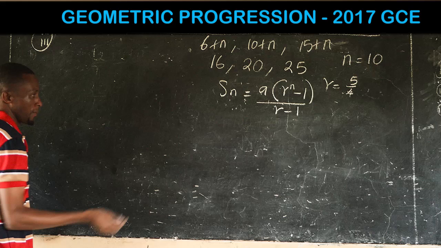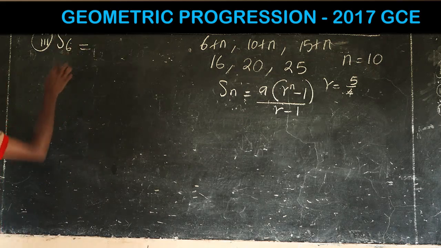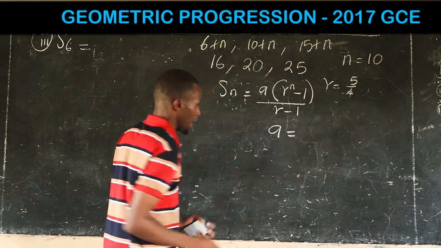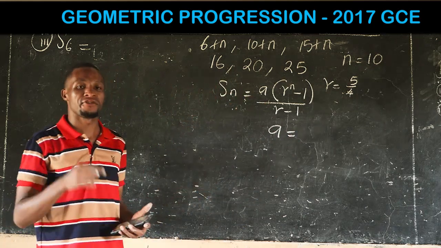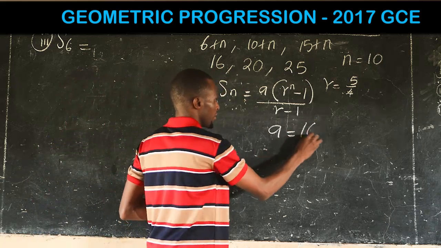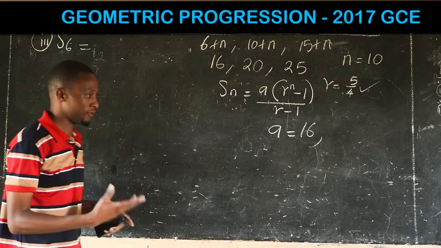From here now we substitute. We are finding S6, meaning n is equal to 6. What is our a? Our a represents the first term. So our first term is 16. Our common ratio is what we calculated, 5 over 4.